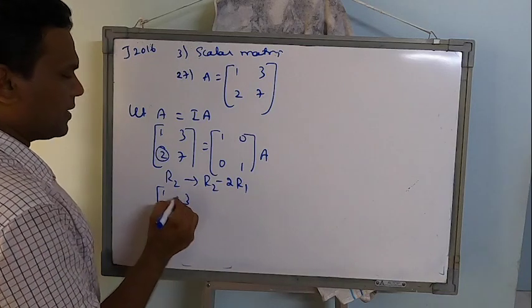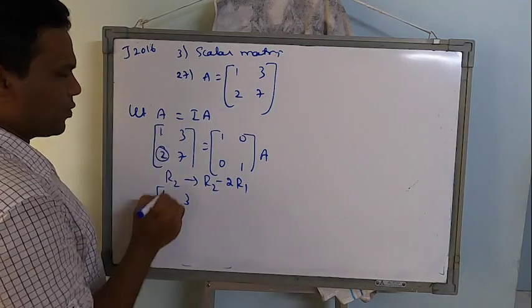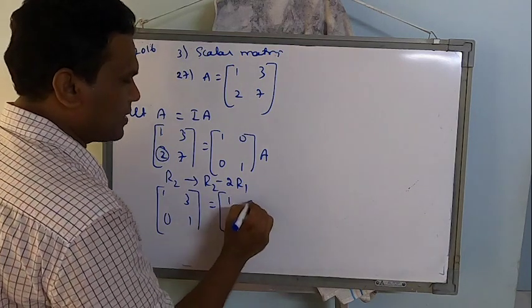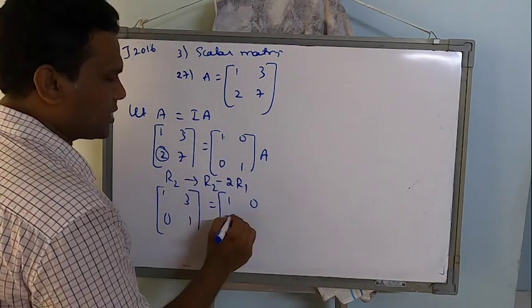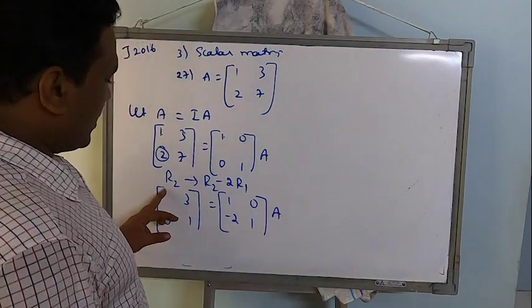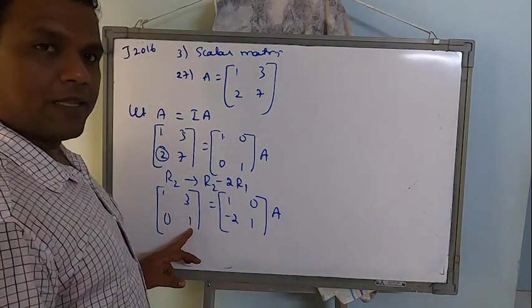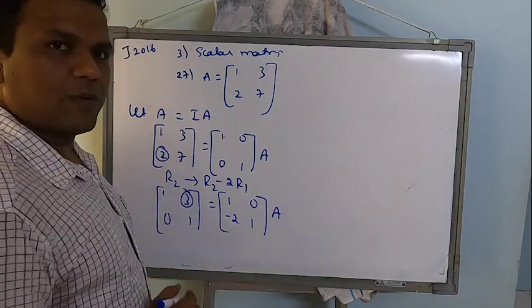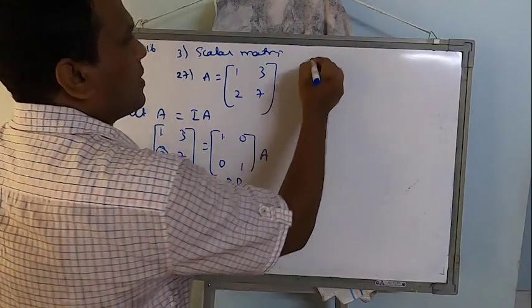So 1, 3, 2 minus 2, 0, 7 minus 6, that's 1. And here it is 1, 0, 0 minus 2, that's minus 2, and this will be 1 multiplied by A. 1, 0. Now my next target should be this, which is already 1, so nothing to change here. The last element should be this one. That's an element of R1.